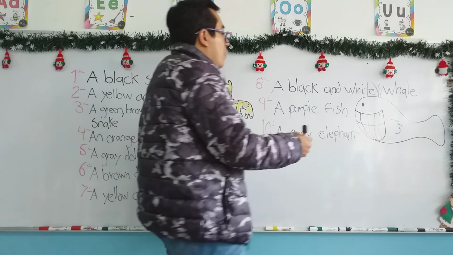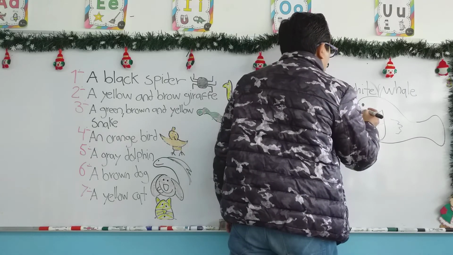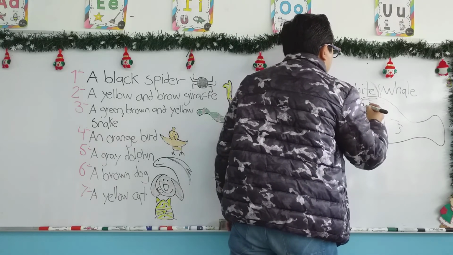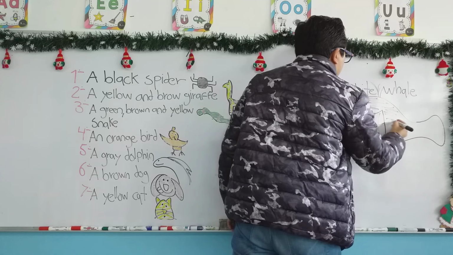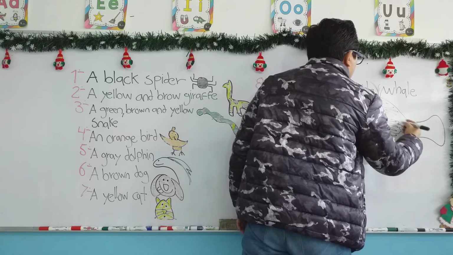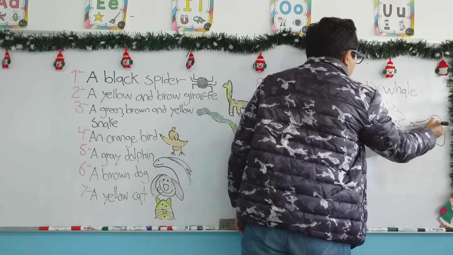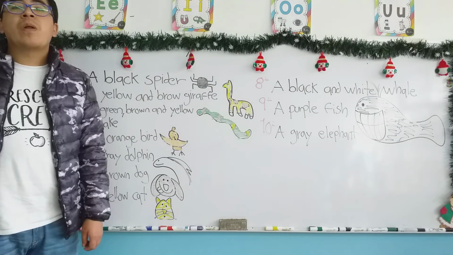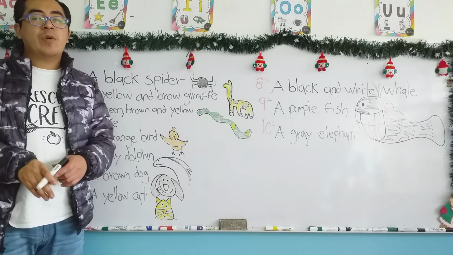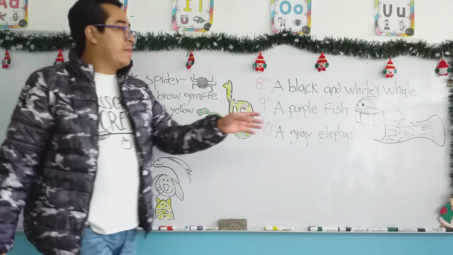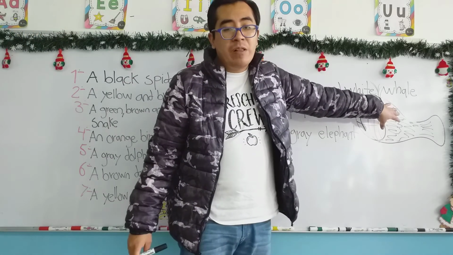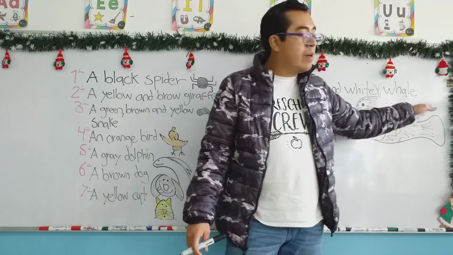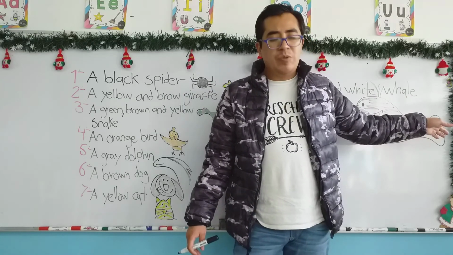So, we can paint it with color black and the tail, la cola, leave it in color white, or vice versa. If you want to paint the whale in white and then the tail in black, you can also do it.